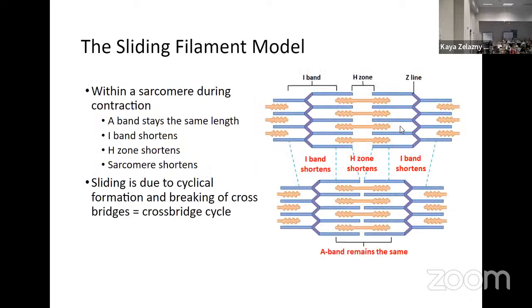So in the activity, I'm going to ask you to take a look at sarcomeres and practice for yourselves identifying how these zones shorten or don't shorten depending on the size of that sarcomere. All of this is happening due to the cross-bridge cycle. So all the answers to that activity are in your slides, but I do want to make sure that you really try to internalize these, right?